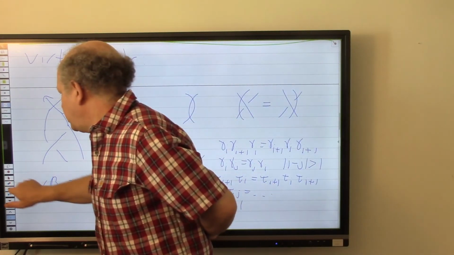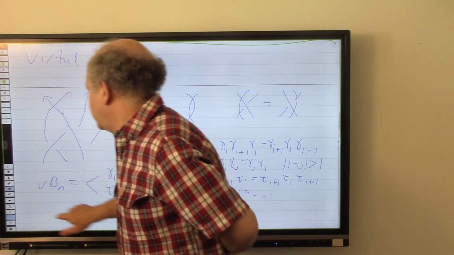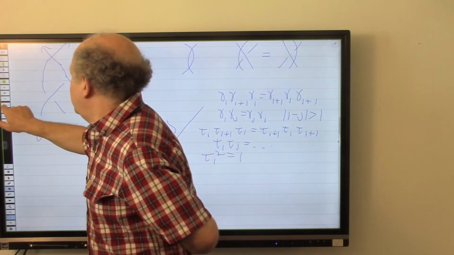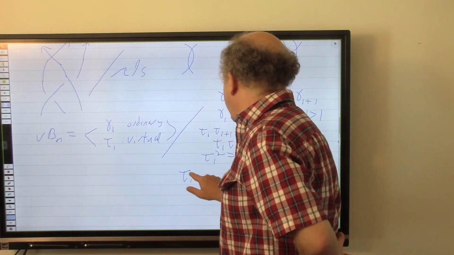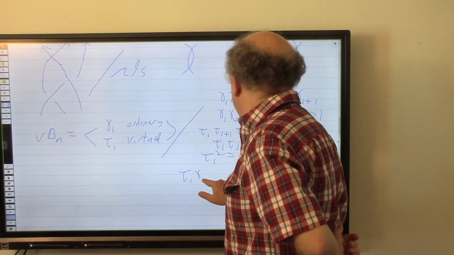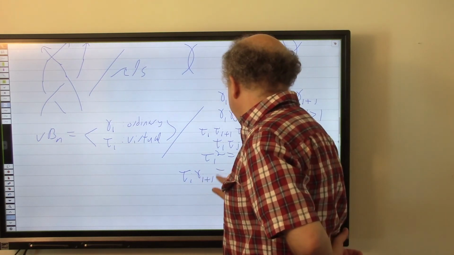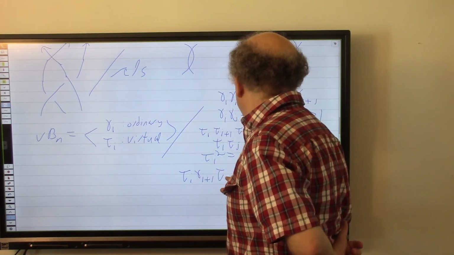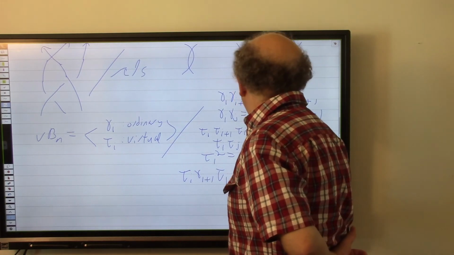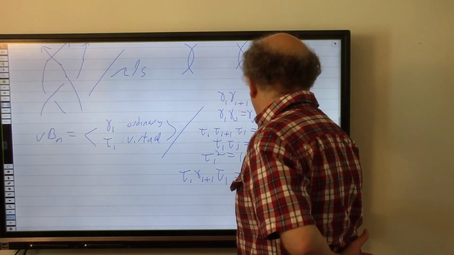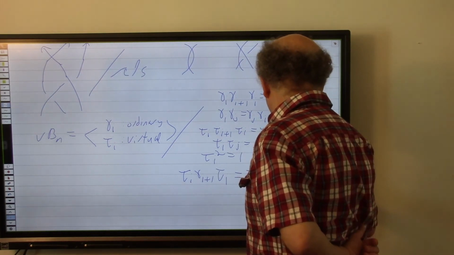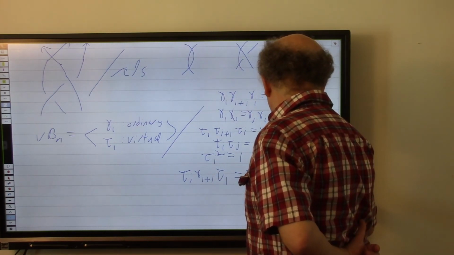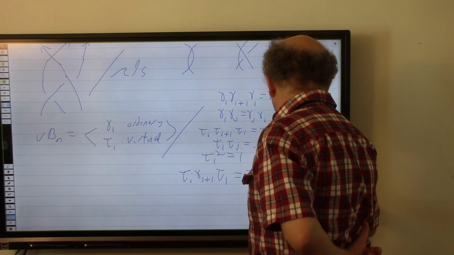And you can also write it: tau_i gamma_{i+1} tau_i is equal to tau_{i+1} gamma_i tau_{i+1}.